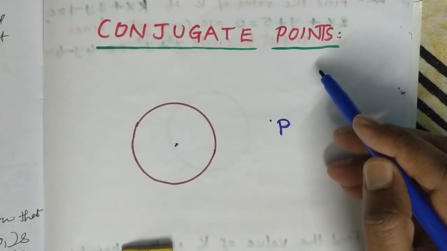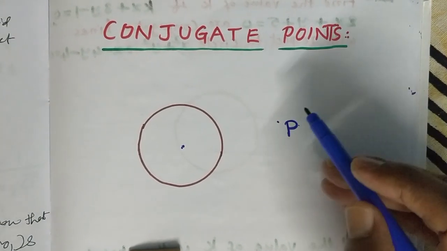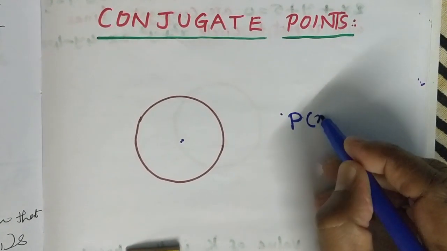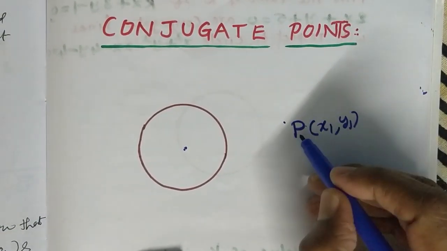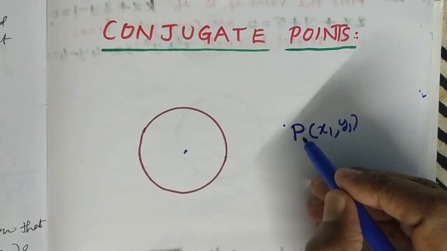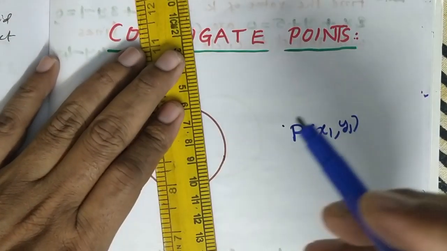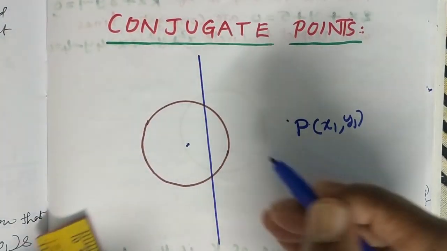What are conjugate points? Suppose this P is a point (x1, y1) that lies outside the circle. Then its polar is like this.